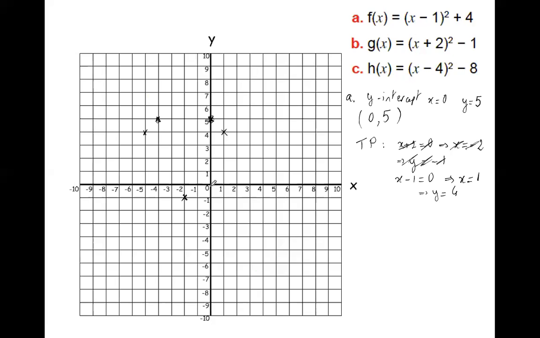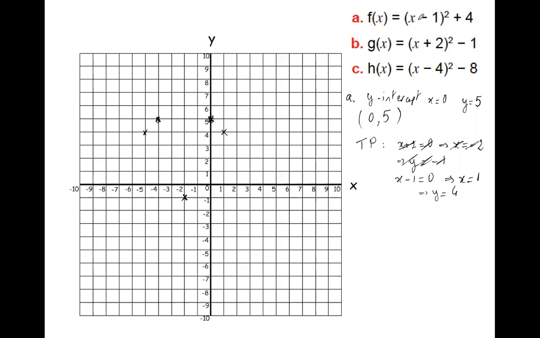So I can try when x equals 0 to find out what we get. So when x equals 0, I've got 0 minus 1. Oh, we've already done that. No, that's the intercept. Where did we put the intercept? 0 and 5. Something's not quite right.